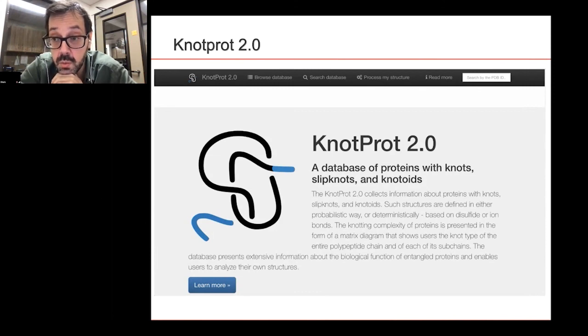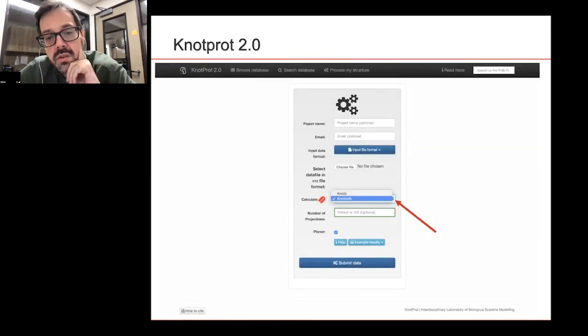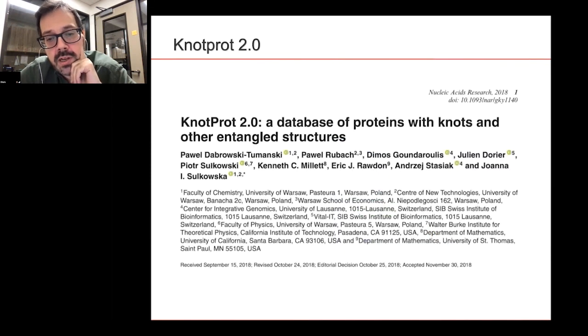It's updated every 2 weeks, and whatever new proteins are deposited in the PDB, they pull and analyze as knots and Knotoids and many other topological structures that they support. You can go to process my structure, choose Knotoids if you have a 3D curve and you don't want to do it yourself or on the command line, and they will send you an email with the results. And yeah, those are the details of the publication.